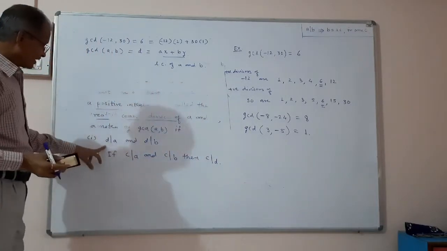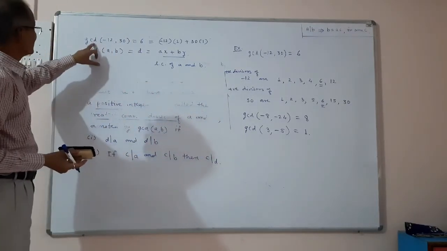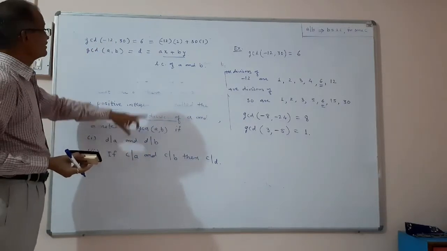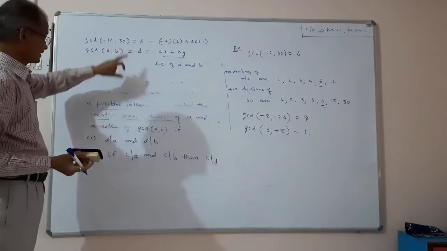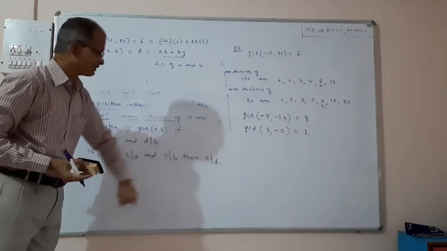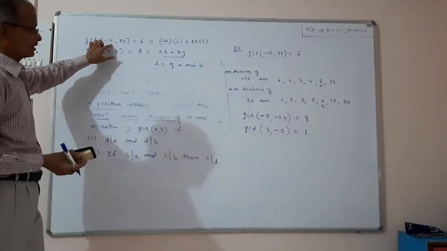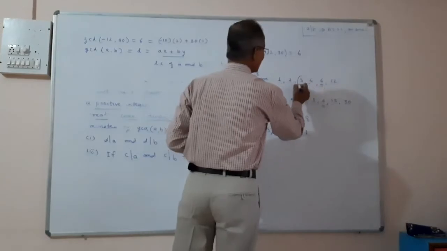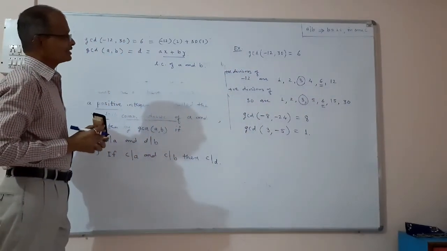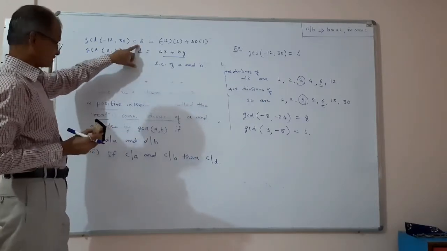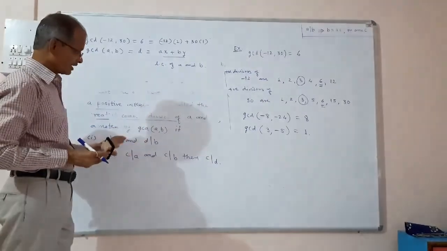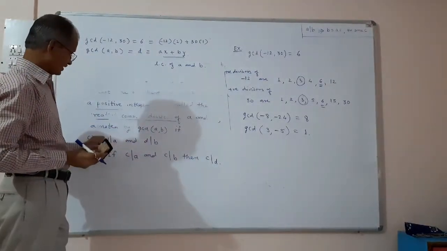Now you may verify this property for the GCD of minus 12 and 30, which is 6. D divides A and D divides B: 6 divides minus 12, and 6 divides 30. And if C divides A and C divides B, then C divides D. Consider any other divisor, say 3. 3 divides minus 12, and 3 divides 30. But that 3 also divides 6. So C divides D. The property of GCD is satisfied by this definition.